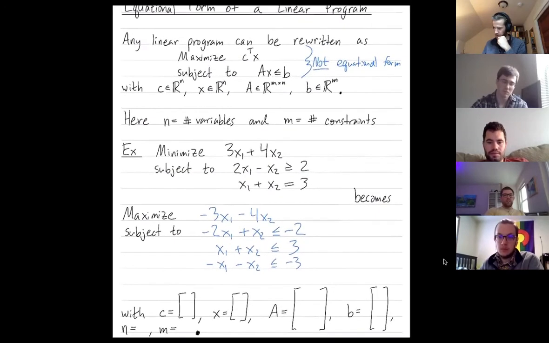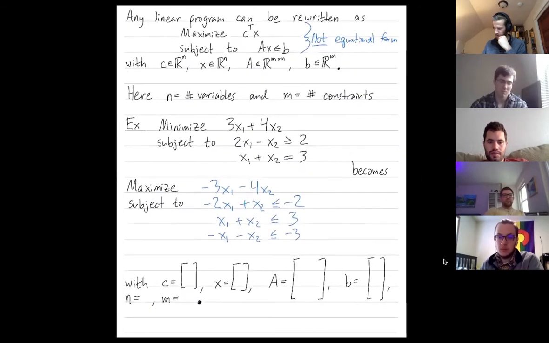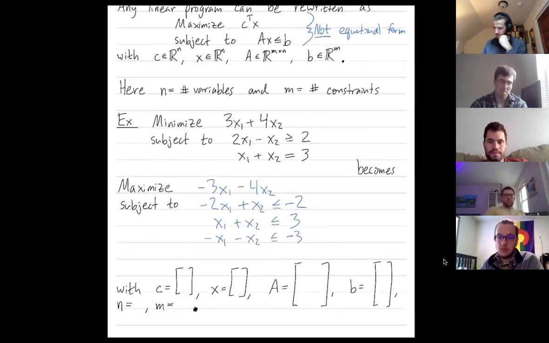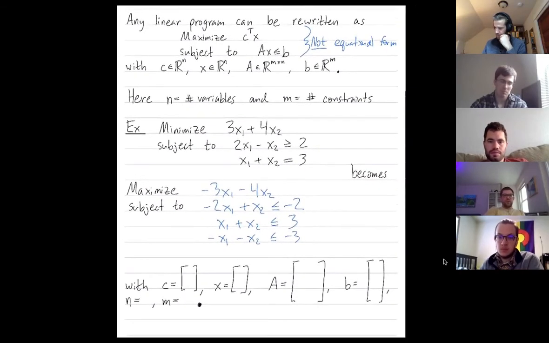So let me put this in matrix form for you. What is our optimization vector c? It's -3, -4, coming from right here. And then our vector x of variables is x1, x2. Our matrix A, I'm just going to read off the coefficients on this side.